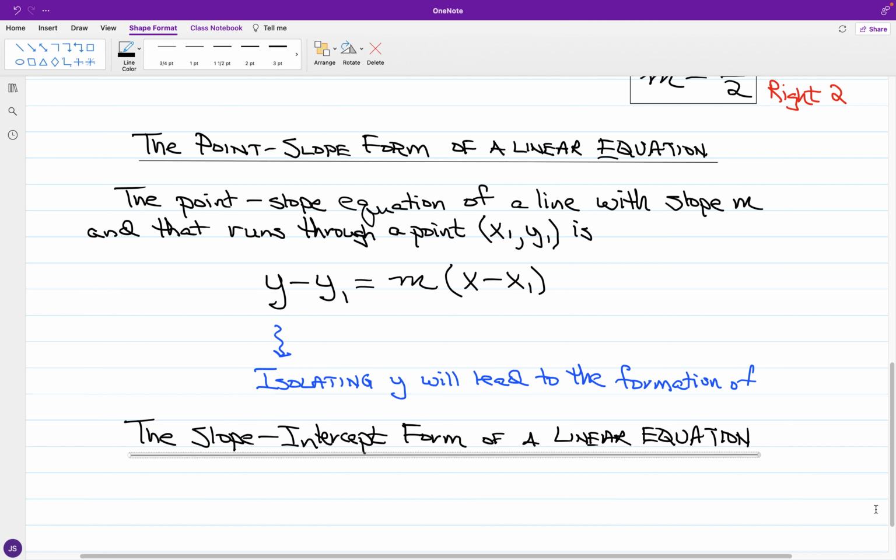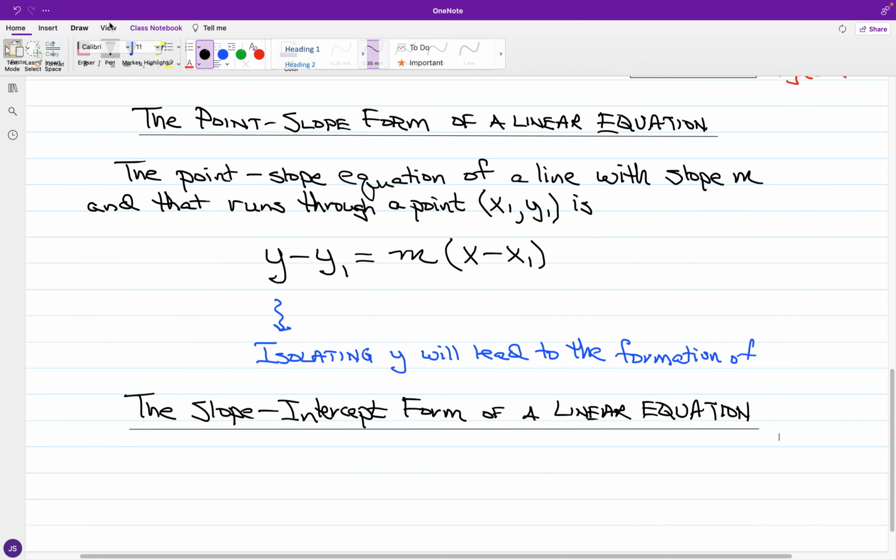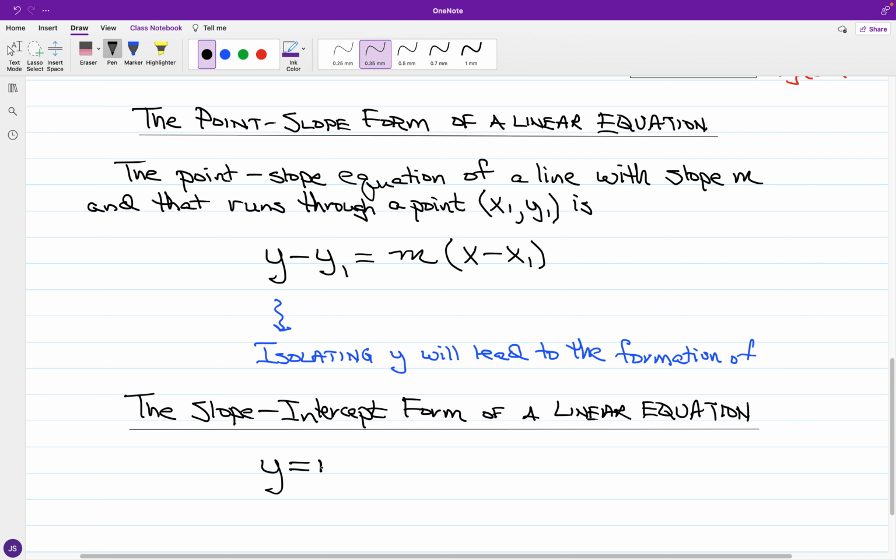For the y jutted out at the front, that is going to be isolated. Once you put together the coordinates along with the quantified expression multiplying the slope, once the parentheses are removed and you have y isolated, for the slope-intercept equation we have y is equal to mx plus b. In the case of the variables, m is still the slope, so that value is fixed.